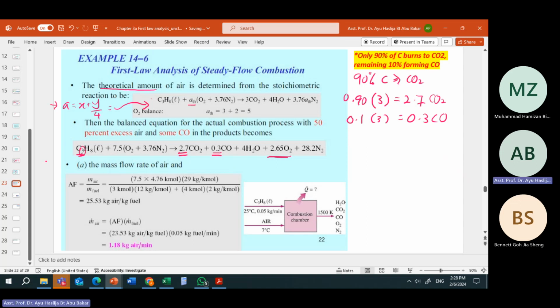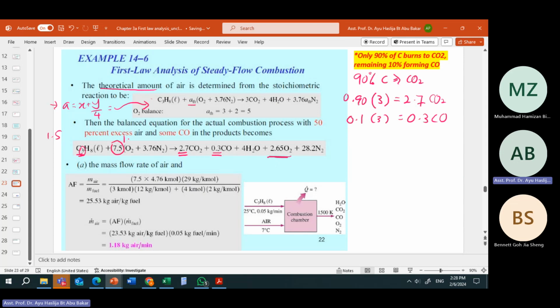Now 50% excess air. Sini A tadi is 5 kan? 50% is 1.5. So 5 multiply 1.5.